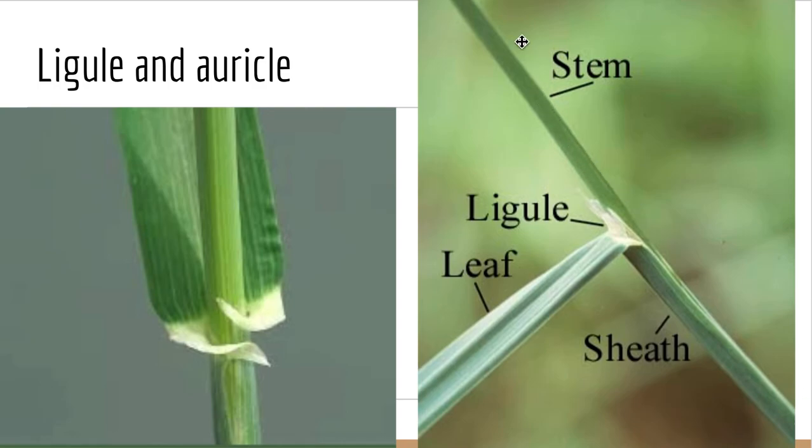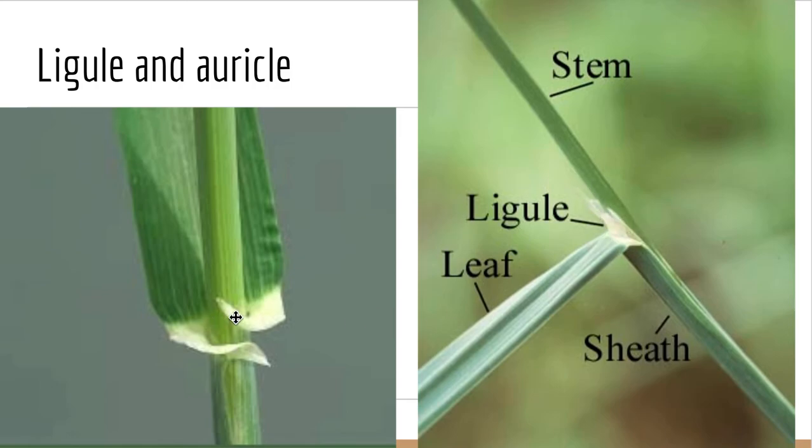So we've got the stem or culm, we've got the sheath down here, and then we have the leaf or the blade. This growth of membranous tissue is called a ligule. This one's quite pointed.